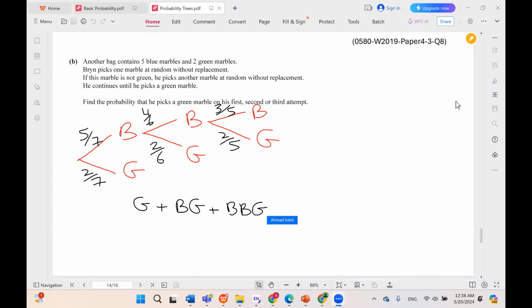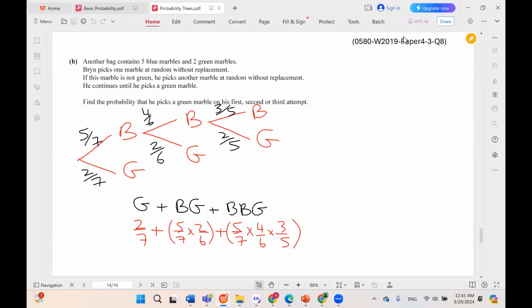So for the first attempt, green would just be 2/7. Blue-green would be 5/7 times 2/6. And then blue-blue-green would be 5/7 times 4/6 times 2/5. And finally, we simplify and we add.